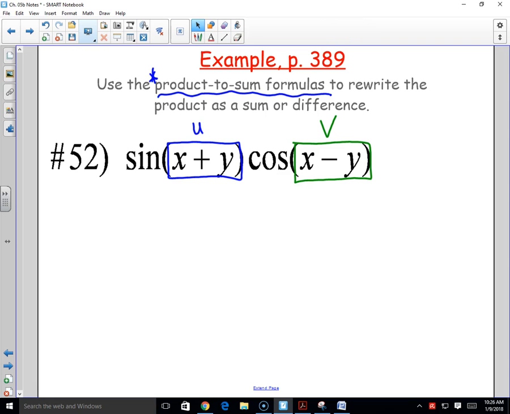It's sine of somebody times cosine of somebody else.